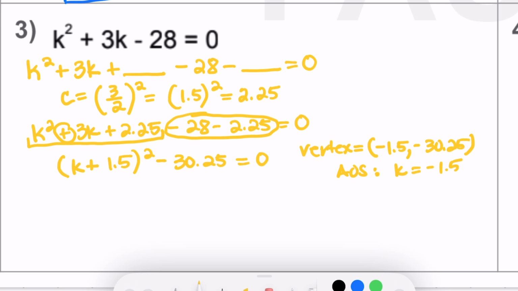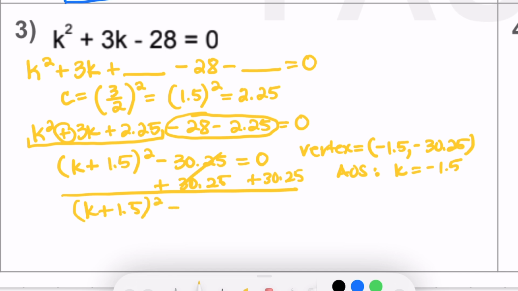To solve, you add 30.25 to both sides. And k plus 1.5 squared is equal to 30.25. Take the square root of both sides. k plus 1.5 is equal to plus or minus 5.5.